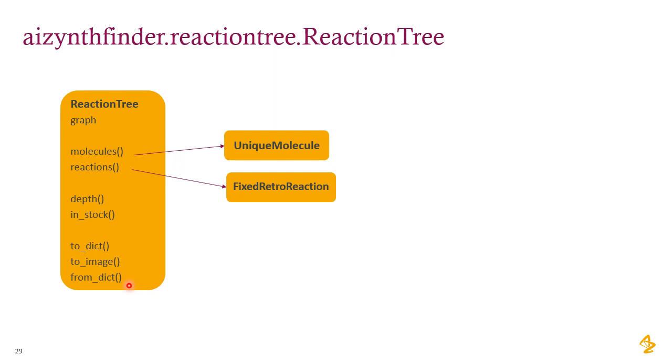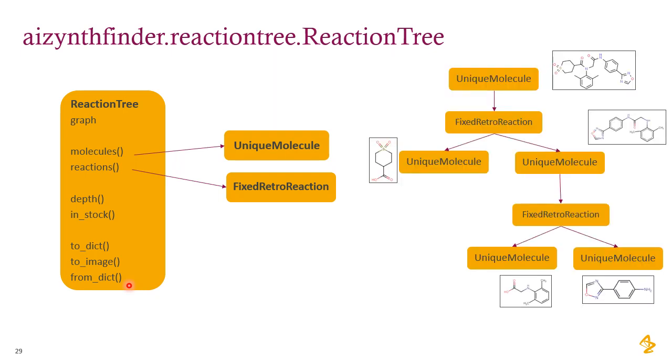And there is a one-to-one correspondence between a reaction tree and the Monte Carlo search tree. And this is exactly the same structure that I showed in the previous slide, but as a reaction tree now. So we have a unique molecule as a root, and this is linked to a reaction, which is linked to molecules, and so on.